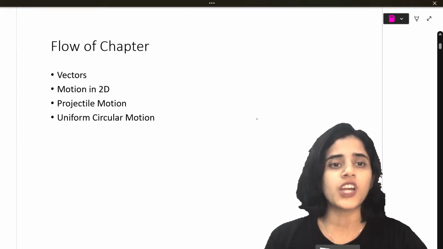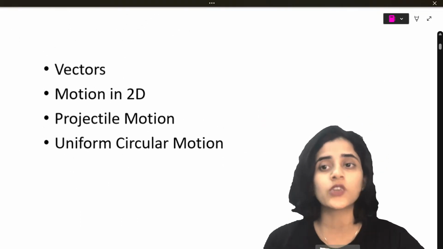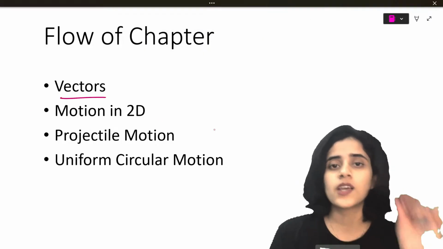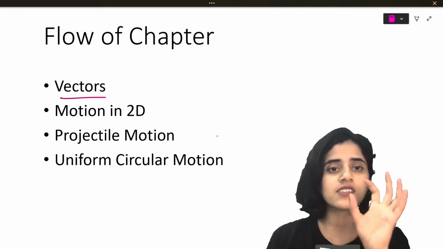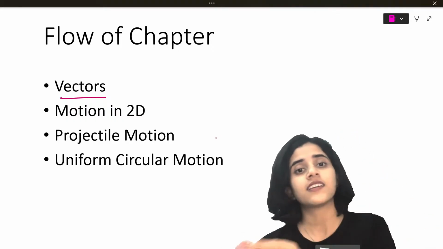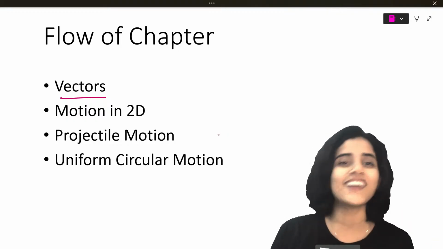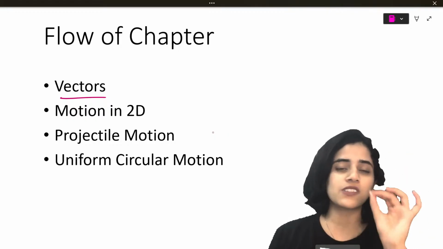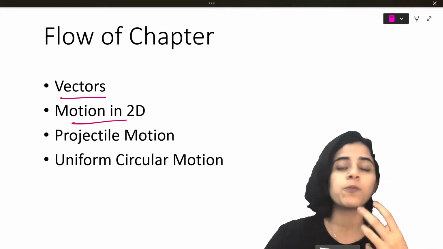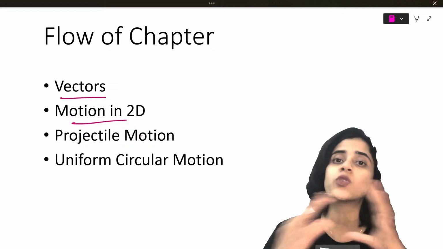First of all, in this chapter, what all are we going to learn? We are going to learn all of these things. First thing we'll learn is vectors, which is very important. If you're someone who wants to pursue physics as your future, just like me, you will need to learn vectors because that is something you'll use everywhere. And then we will learn about how particles or objects move in 2 dimensions.